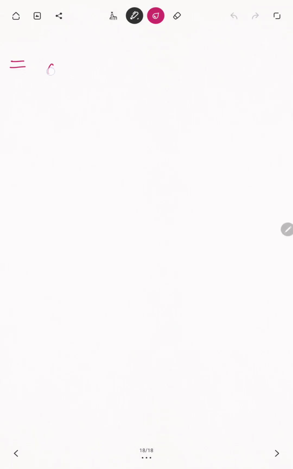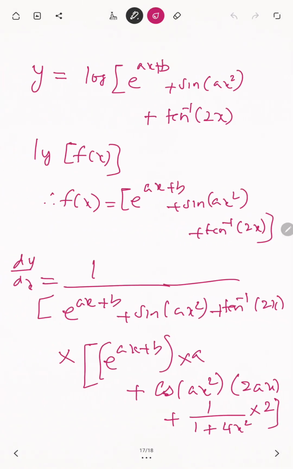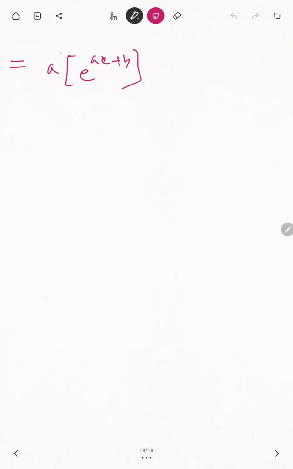a into e power ax plus b is the numerator, first part. Then again what happened? Plus 2ax cos ax square. This is other numerator part.